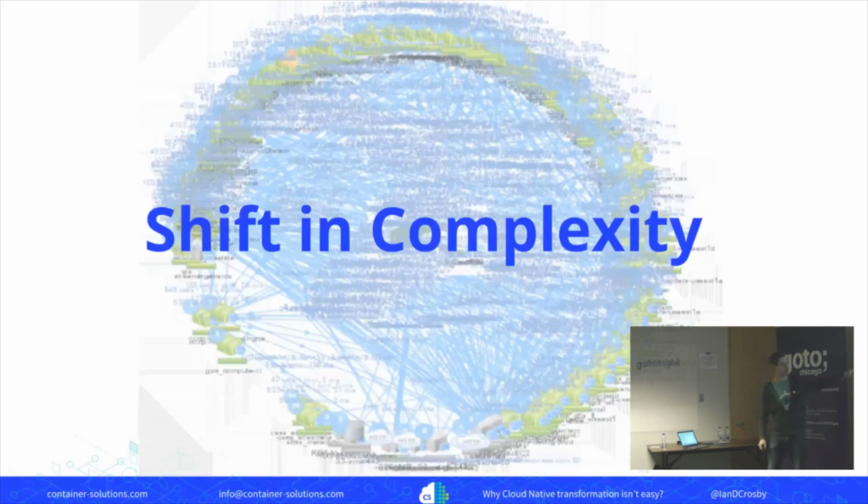Not sure if you can see it, but in the background, this is actually a dependency graph from, I think, AWS, Amazon, showing all the dependencies between their different services. Even though we're not going to be running at Amazon scale, this is the kind of complexity that can exist.